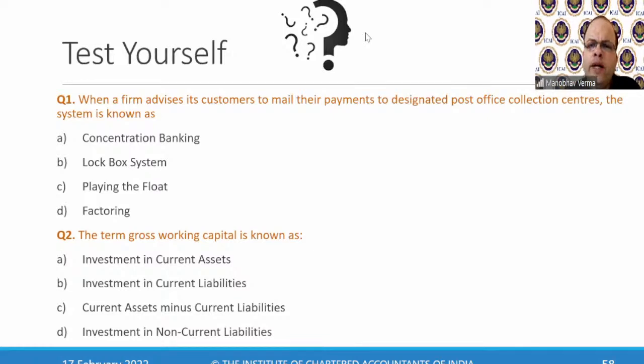I'm getting most of the answers for question number 1 as B, I guess. What about question number 2, guys? I'm getting mixed responses for question number 2. Some people are saying A, some people are telling me C as well. Make sure that you understand the core of the question was gross working capital here.